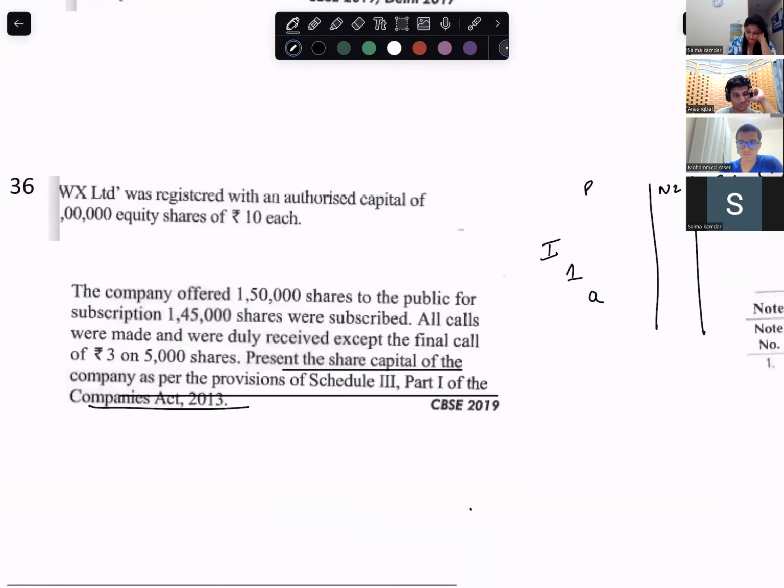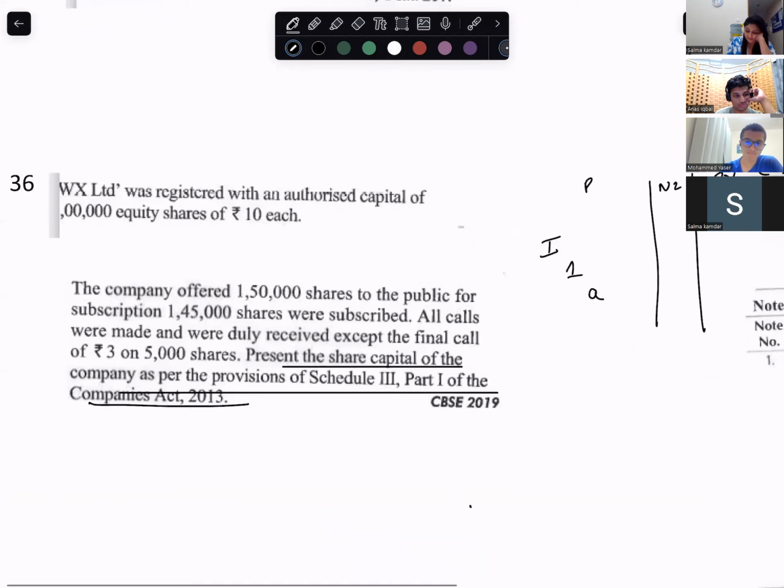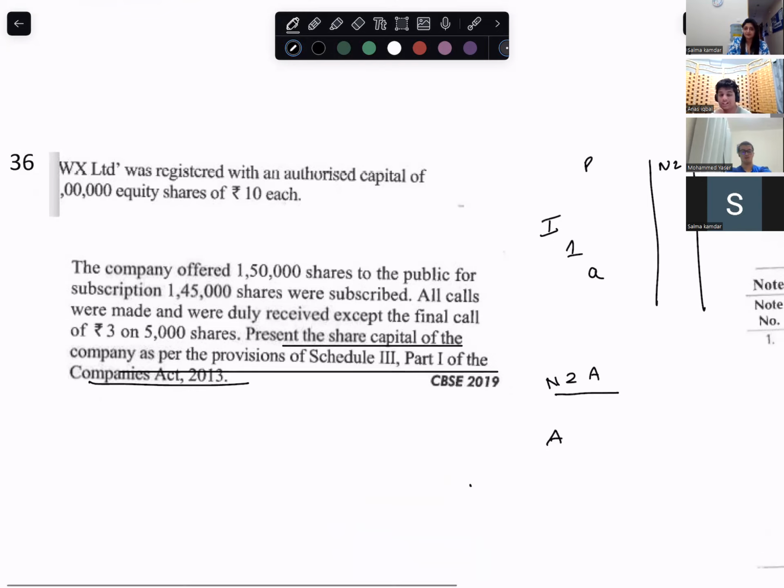After that, we make the note to account. In the note to account, we make three columns: note number, particulars, and amount.